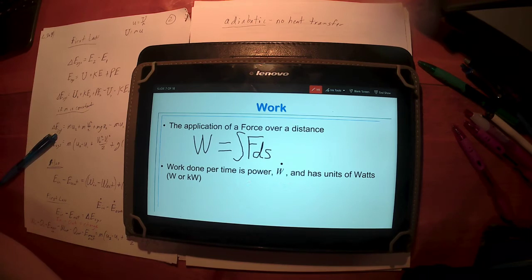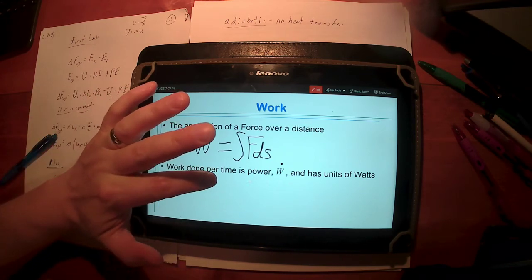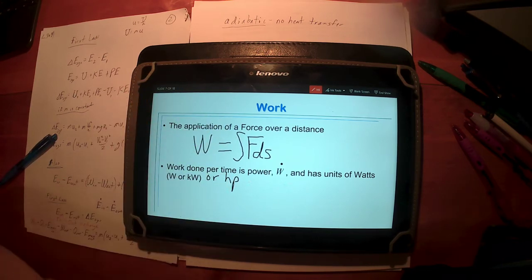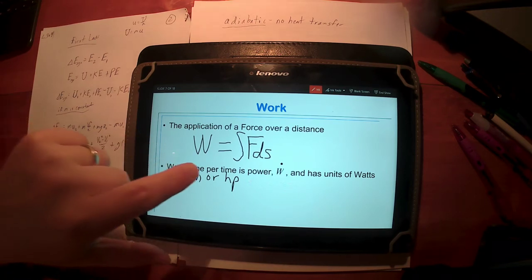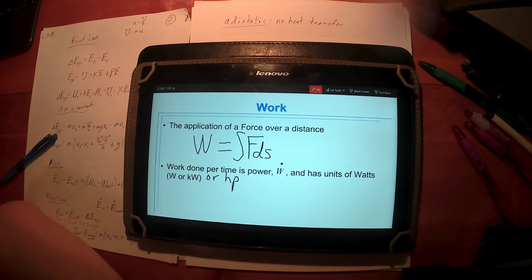Work done per unit time is what we call power. Power has units of watts or kilowatts or horsepower. Horsepower is the English or imperial system version of power units. We typically reserve the term power for a work rate, W dot.